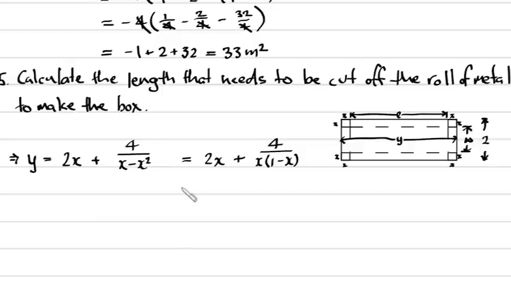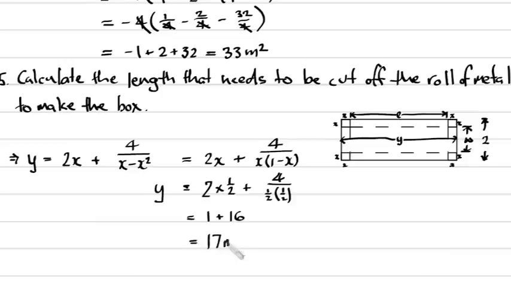So substituting x equals a half into that equation gives us y equals 2 times a half over 4 outside of a half times a half, or a half squared. And if you evaluate that quickly, you'll see that that's 1 plus 16, or 17 metres. So the length that needs to be cut off the roll to make the box with a minimum surface area is 17 metres.